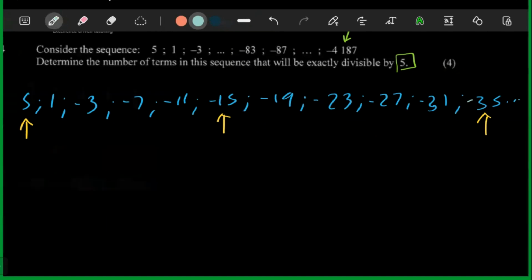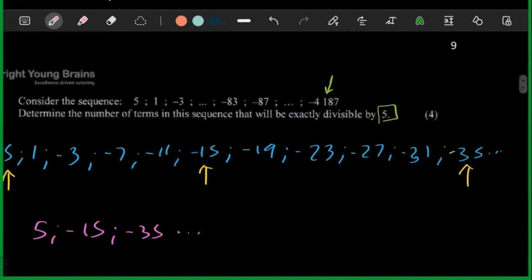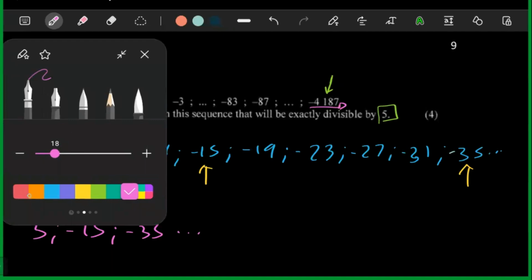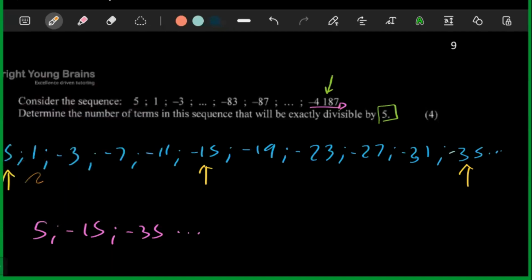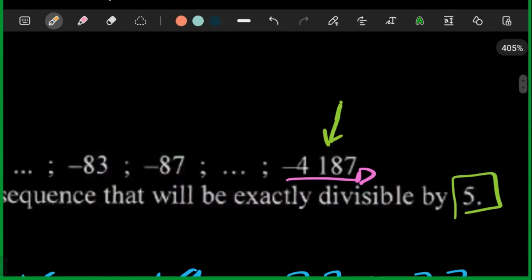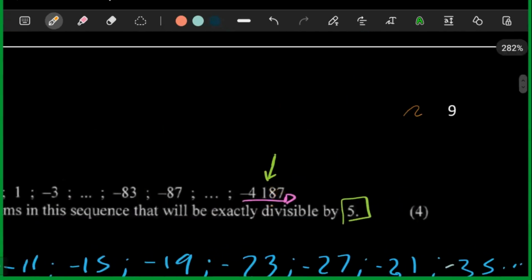So you can think to yourself, okay, fine, you have a sequence where there's a 5, the next number is -15, the next number is -35, going onwards. So since you know that your sequence here ends at -4187, for you to find out the last number that is going to be divisible by 5, you need to start from this -4187.